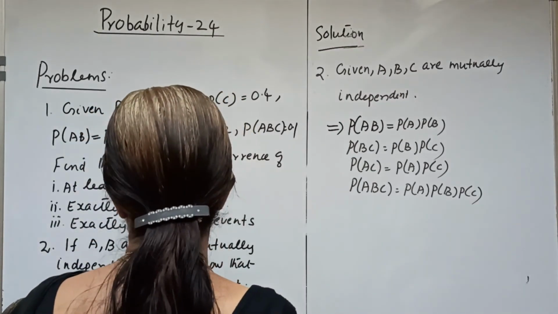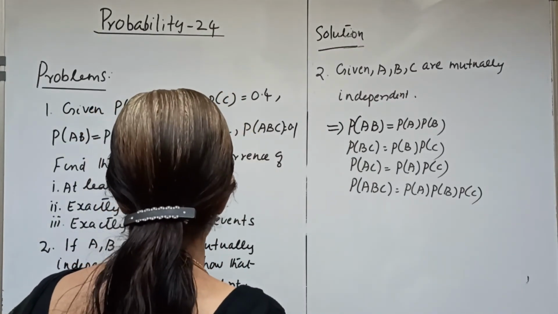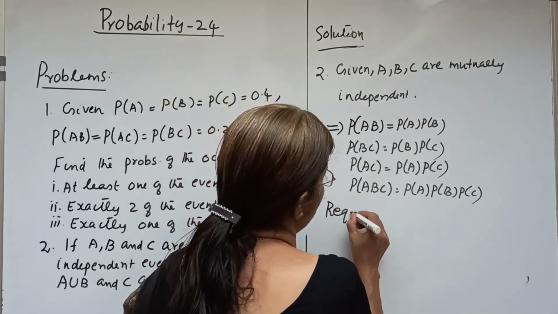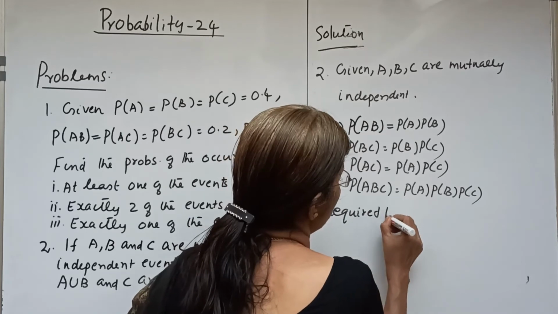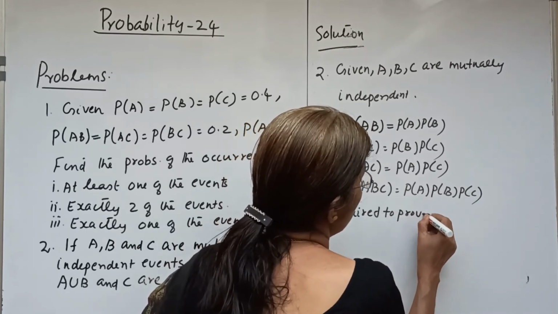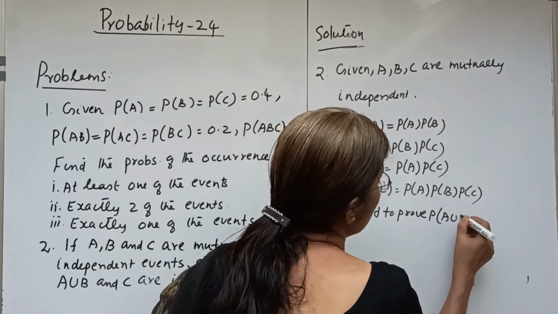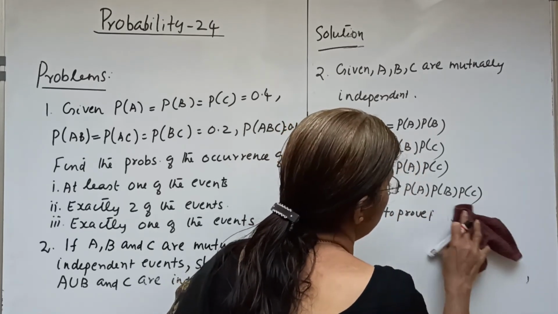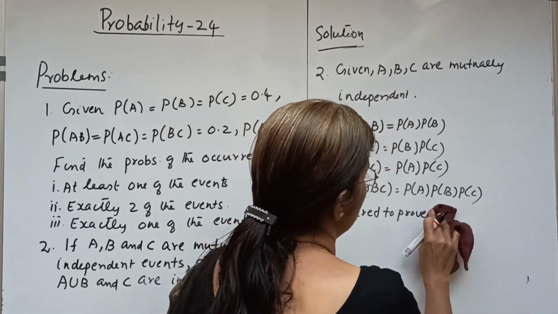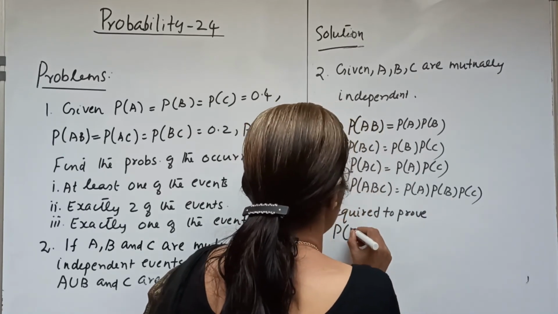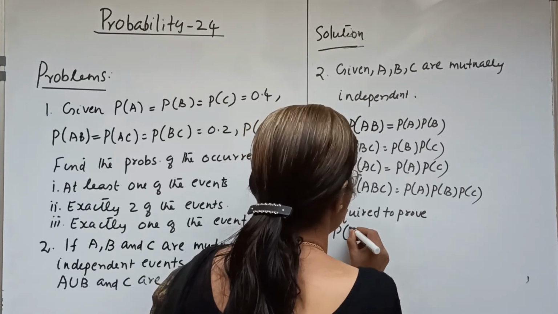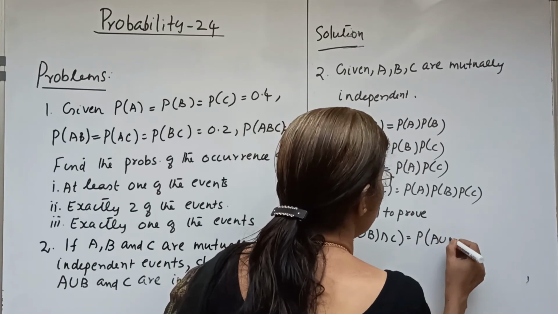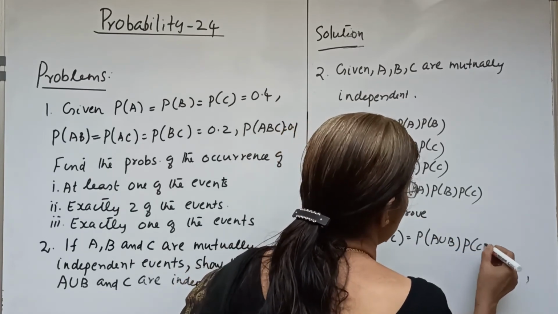Now we are required to prove P of A union B intersection C equal to P of A union B into P of C. It is the required one.